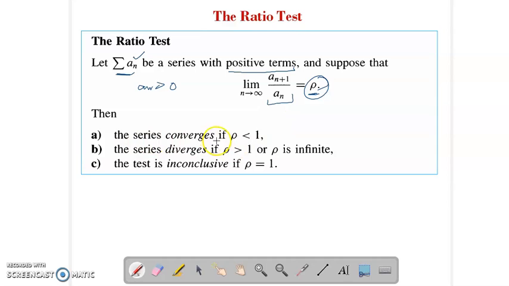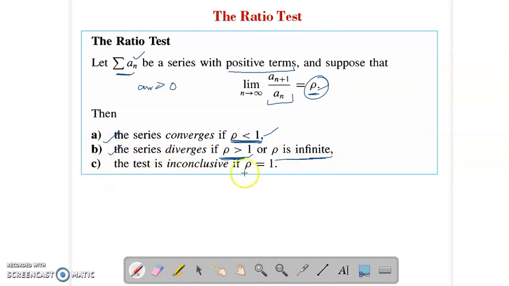The series converges if rho is less than 1. If the limit as n tends to infinity of a_(n+1) by a_n is a number rho less than 1, the series is converging. And if rho is greater than 1 or infinity, then the series diverges. These are the two results.